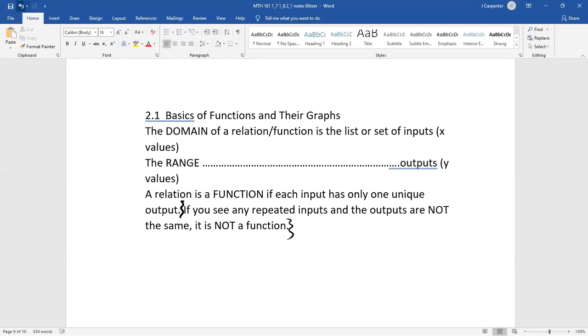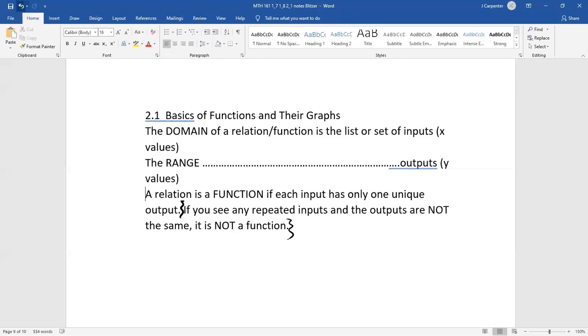So in other words, if I think about the number 3 as my x value, x equals 3. If I plug that into the function, and the first time I plug it in, the answer is 10. So when I plug in x equals 3, I get y equals 10. What if I decide to plug in 3 again? Well, if it's a function, that means the answer will be 10. And then if I plug 3 in again, if it's a function, that means the answer will be 10. And you might be saying, well, that just makes sense.